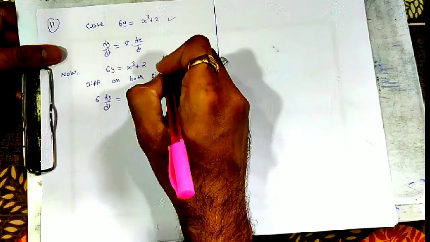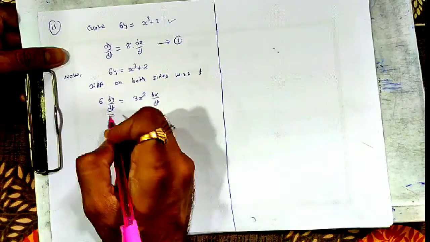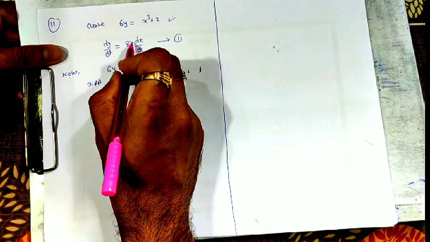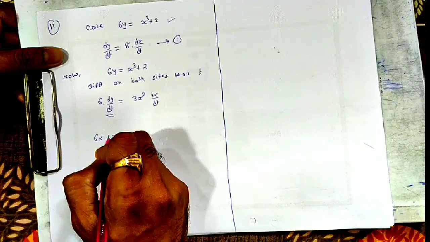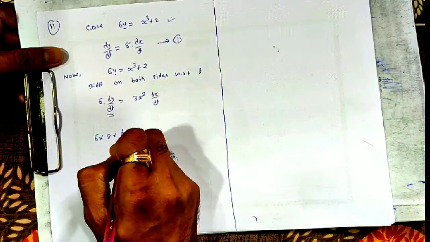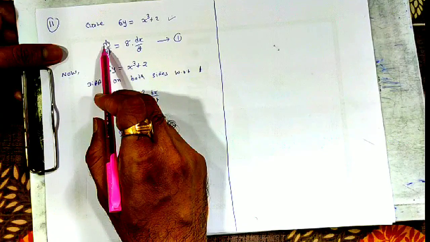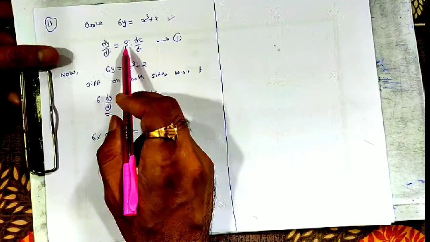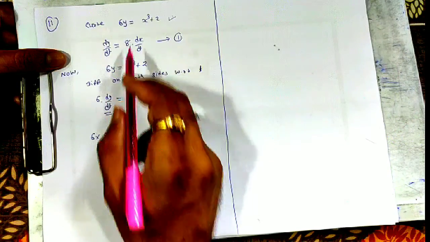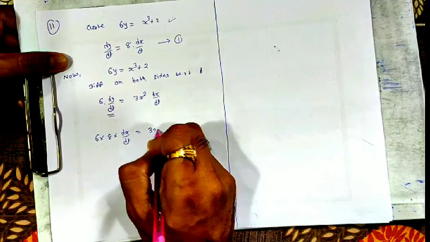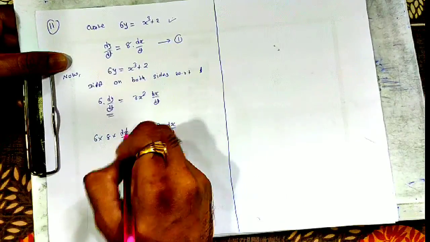Now say this one is result 1. We are replacing this dy by dt with 8 into dx by dt. What are we given? The rate of change of y coordinate is 8 times the rate of change of x coordinate. So replacing this dy by dt with 8 times dx by dt, 6 into 8 into dx by dt is equal to 3x square into dx by dt.